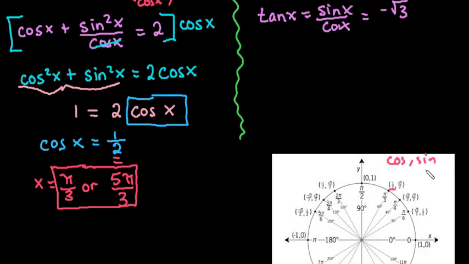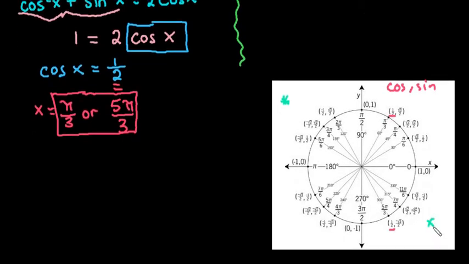So if we look through, we can see that since it's sine divided by cosine, we want to make sure that it is square root of 3 on the top and the 1/2 on the bottom. So for this one, we want it to be negative, and remember tangent is negative in quadrant 2 as well as quadrant 4.